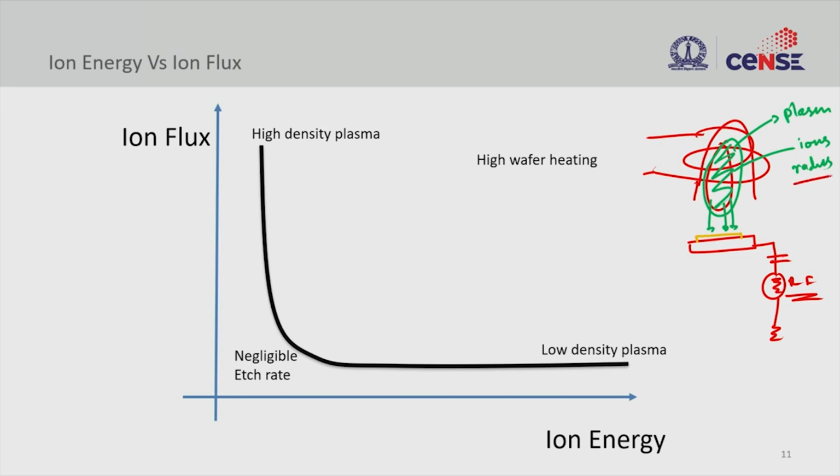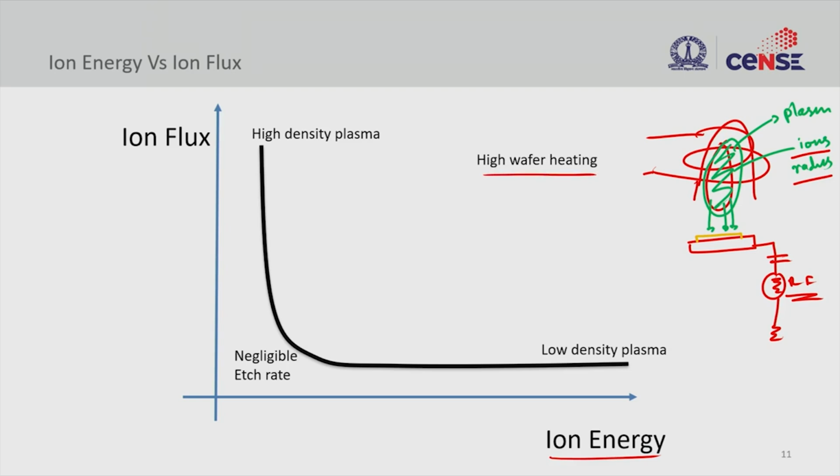Radicals are neutrals, so you cannot affect them through applying a field, but the ions can be brought in by using an electric field. Let's look at how this ion flux and ion energy is affected. When you have very high ion energy coming onto the surface, you will have wafer heating because it has high energy.